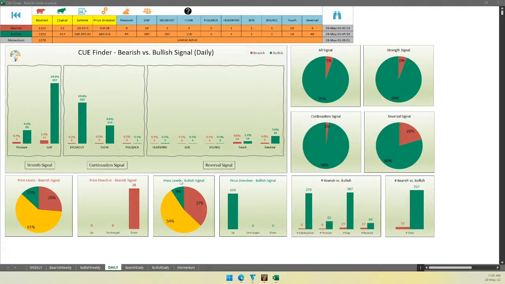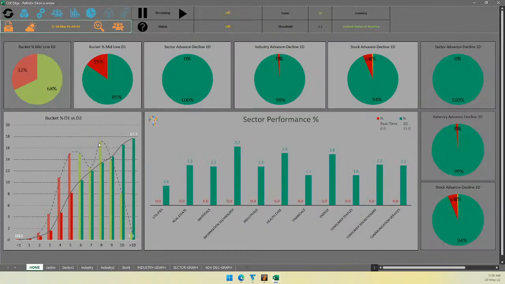Now let's go to Q edge and look at the bucket analysis to see if it is getting overbought there. The bucket analysis, that is the distribution of the S&P 1500 stocks across their Bollinger Bands, becomes overbought when the percentage of stocks in the uppermost bucket, greater than 10 bucket, which means the percentage of stocks above their upper Bollinger Bands, goes to 30 or 40%.